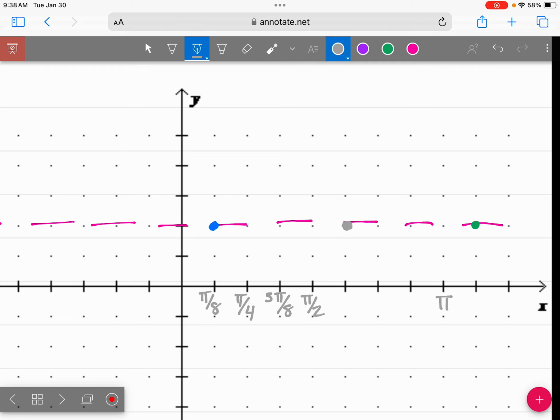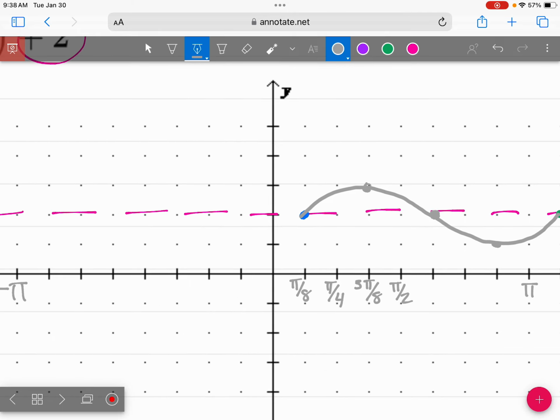It's going to go up 1 and down 1 to get our sine. So this is kind of our basic initial period of sine, which helps if I can actually connect my dots. So that's our primary, like our main period. We're going to repeat it out.